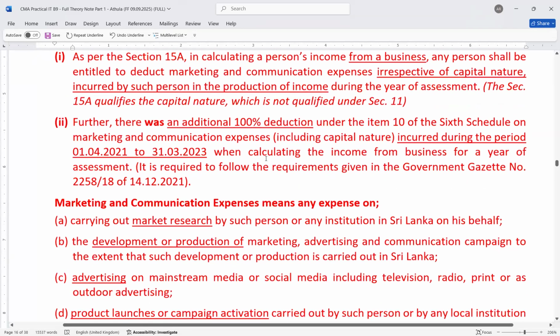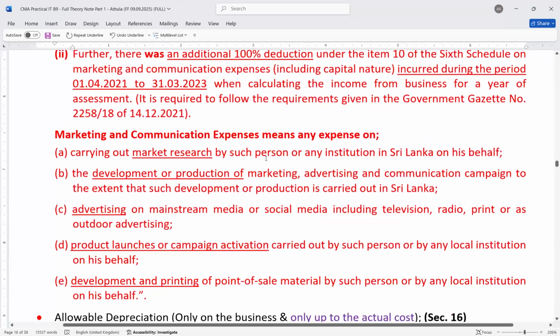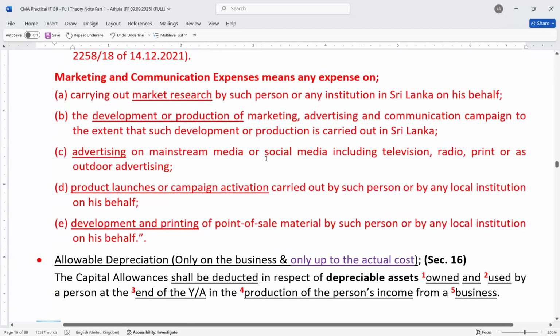Now, what are the marketing and communication expenses? This is also very much important. Marketing and communication expenses means any expense on carrying out market research by such person or any institution in Sri Lanka.